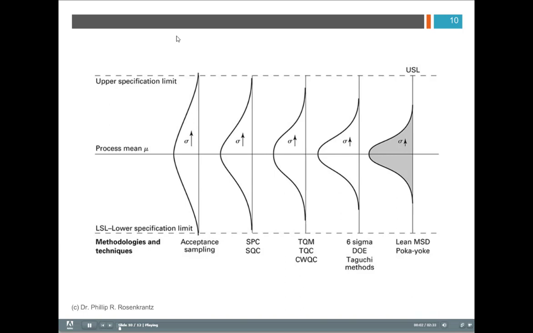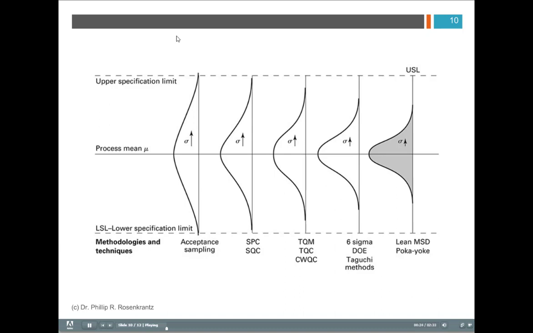I mentioned a few slides ago that when you're trying to improve capability, reducing the variation is the tough part. Typically, you can recenter a lot easier than you can reduce variation. This slide is intended to illustrate what kinds of tools and techniques can be used to reduce variation.